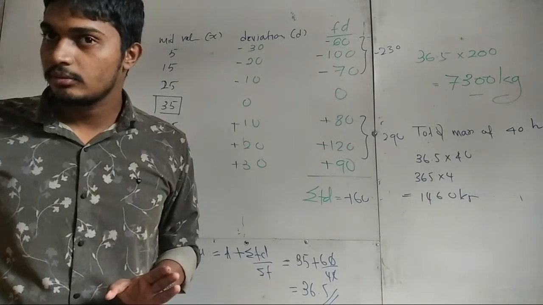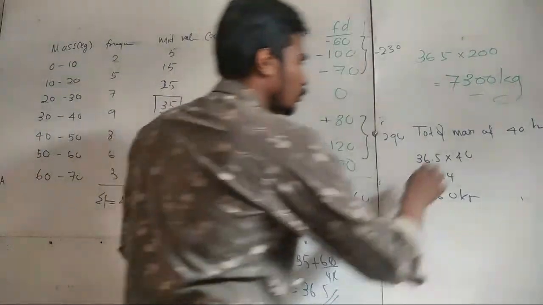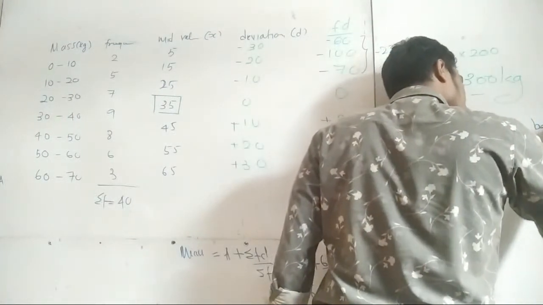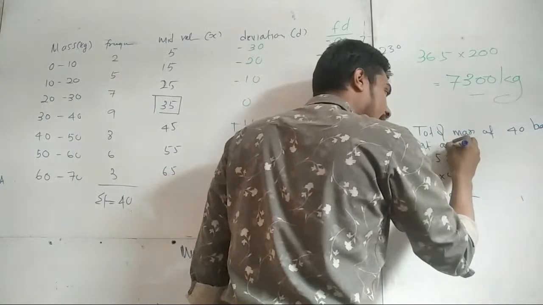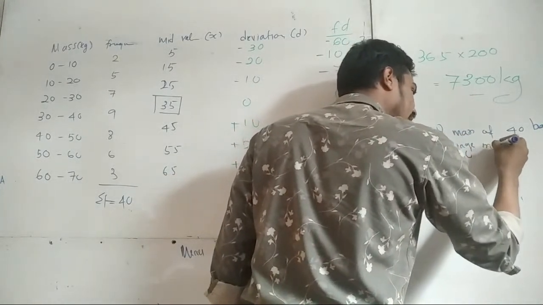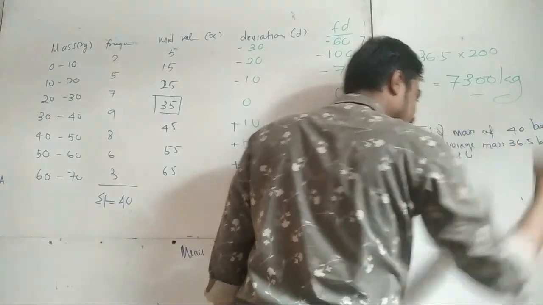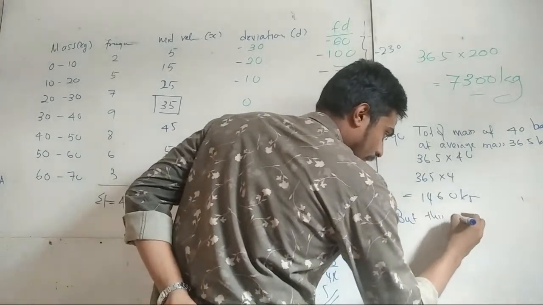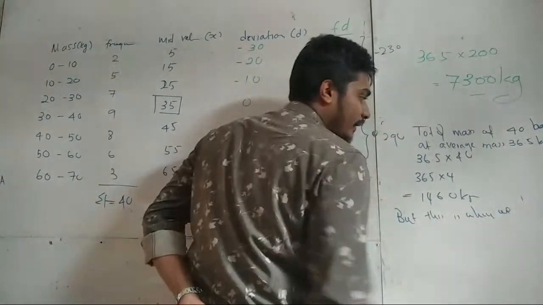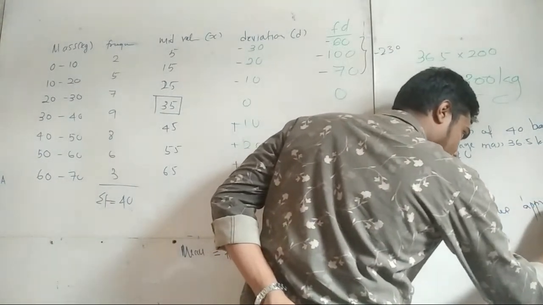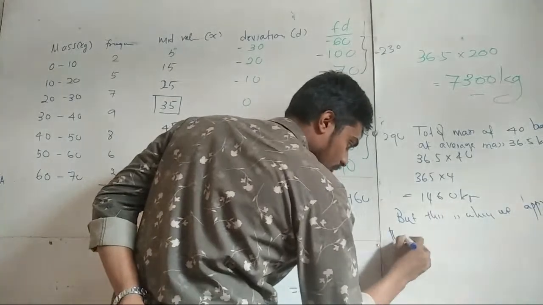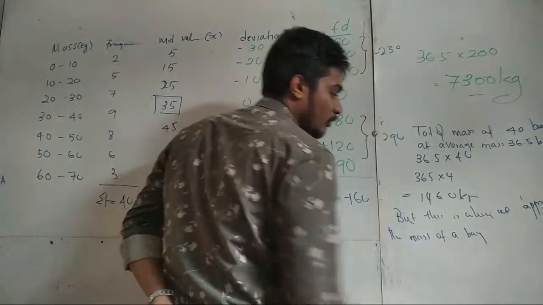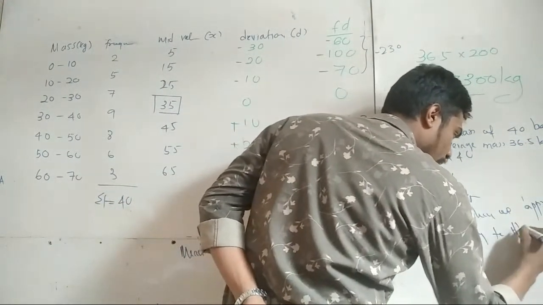So guys, you can say that the total mass of 40 bags at an average mass of 36.5 kilograms is this much. But this is when we approximate the mass of a bag to its mid value.